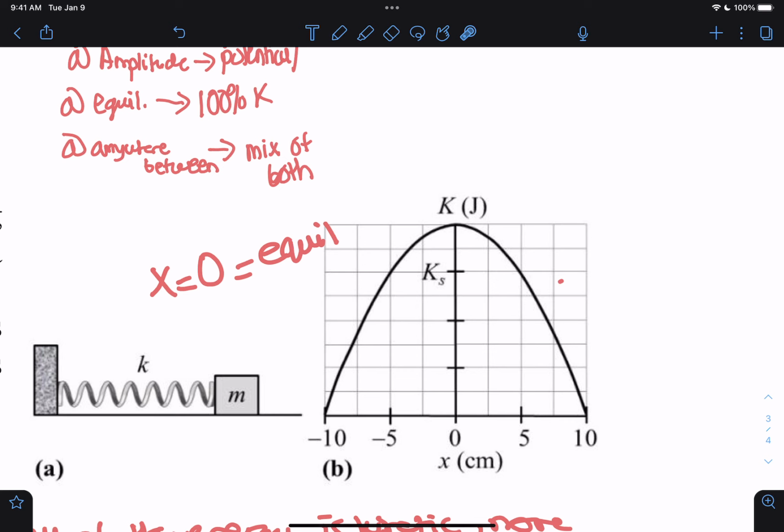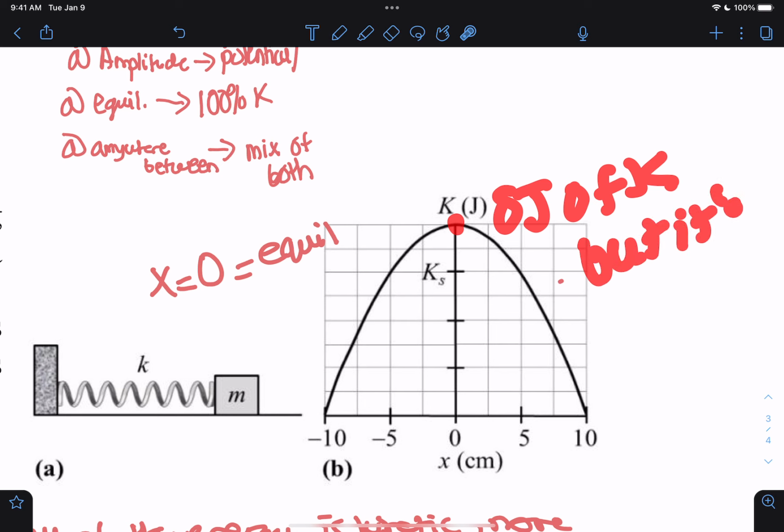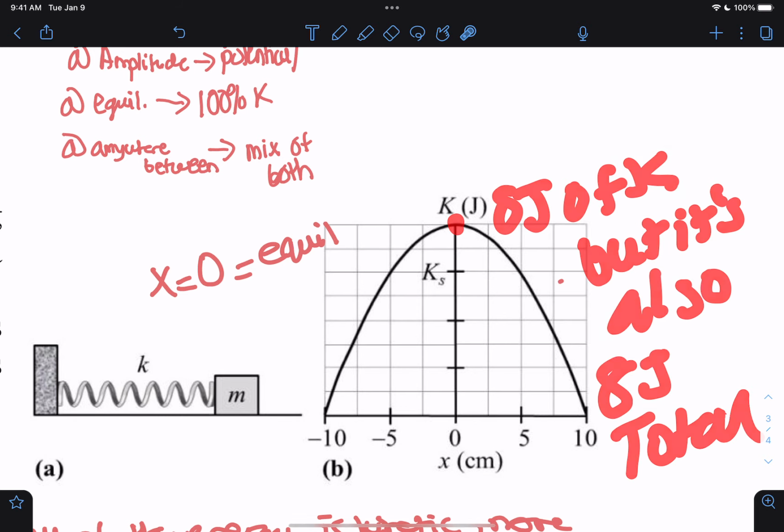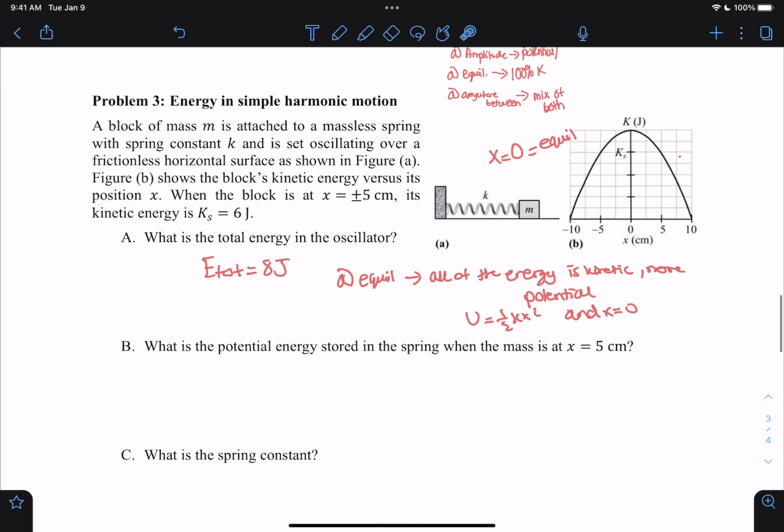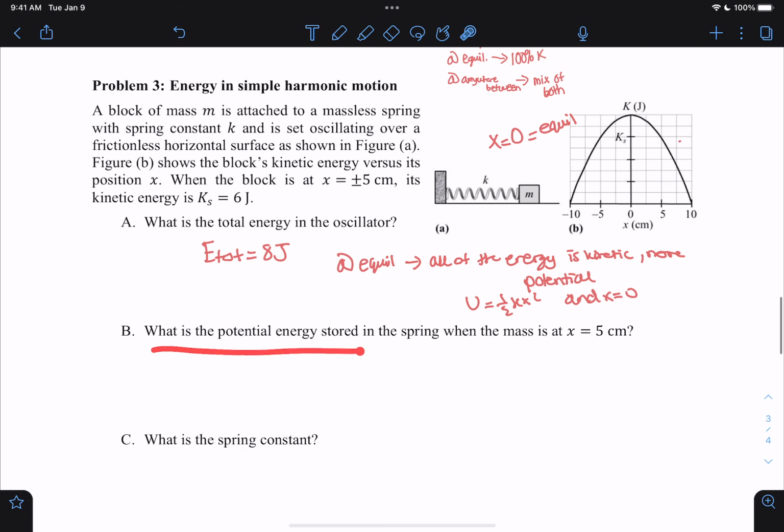So if at x equals 0 we have 8 joules of kinetic energy, that is the entirety of the energy for the entire system. So it's 8 joules of kinetic energy, but it's also 8 joules total.